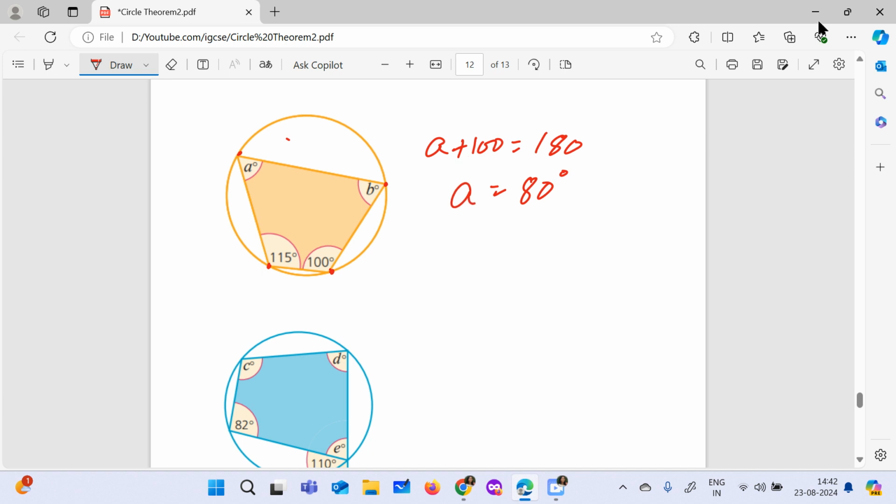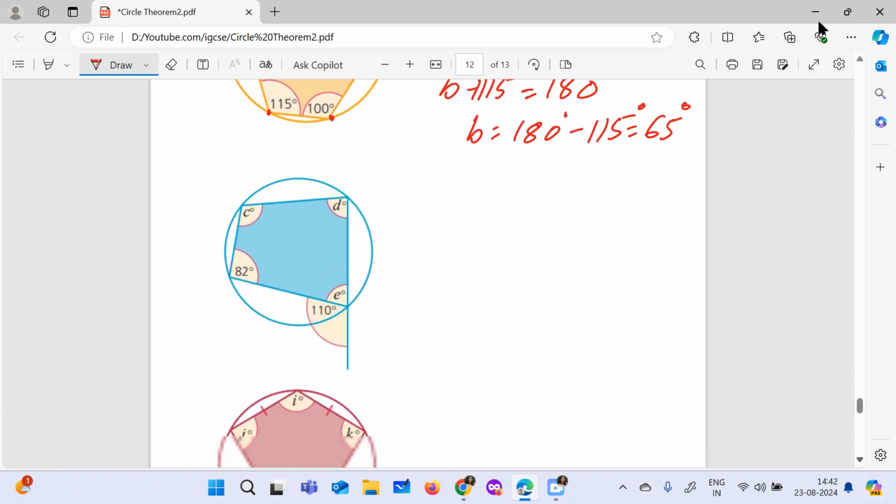Now, what will be the measure of B? B is 65. Very good. So you have B plus 115, which is equal to 180, and B is equal to 180 minus 115. That is 65 degrees. Understood? Okay. Let's see a few more.